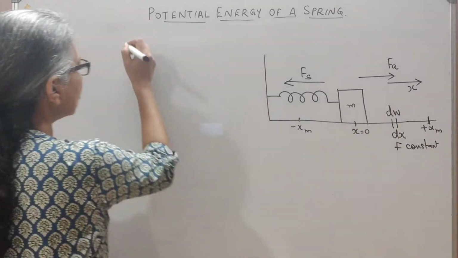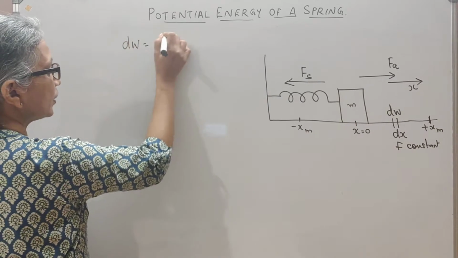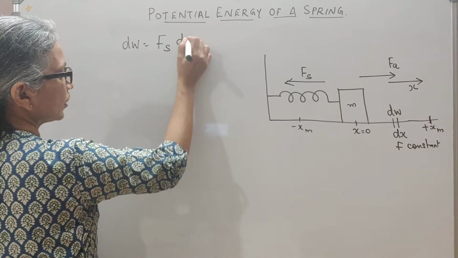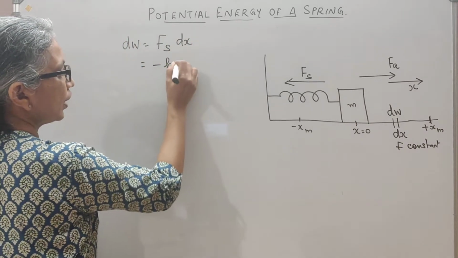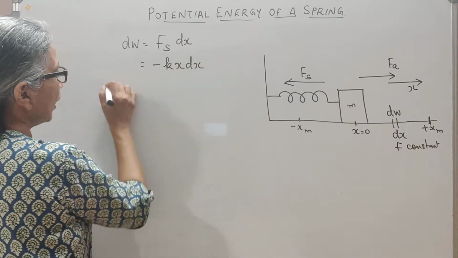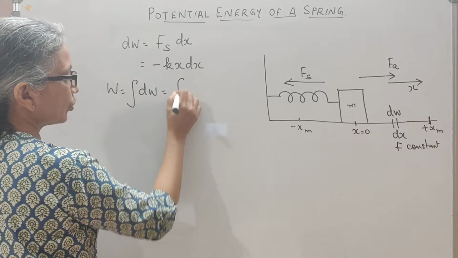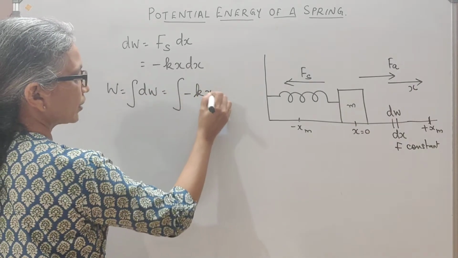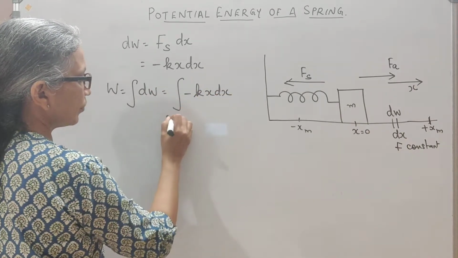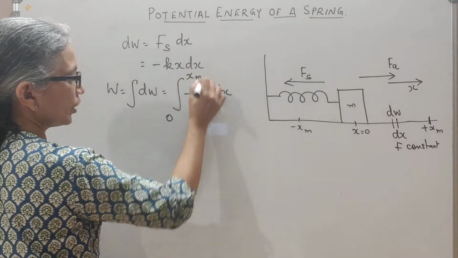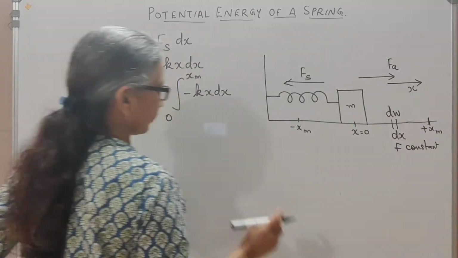So that small work done you may write as Fs into dx, which is minus kx into dx. And for the total work done, you have to integrate dW, which means integrating minus kx dx starting from 0 to position xm.